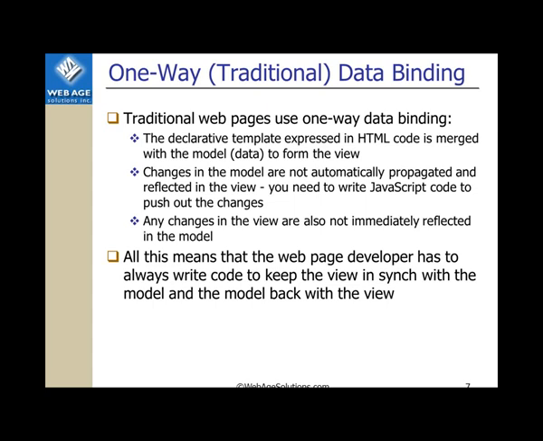Whenever there is any change in the model, meaning that something changes in terms of JavaScript, the dynamic portion of our pages, those changes are not automatically propagated and reflected in the view on HTML.